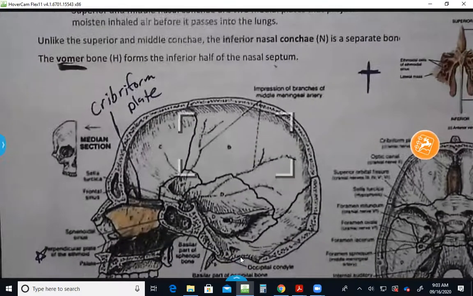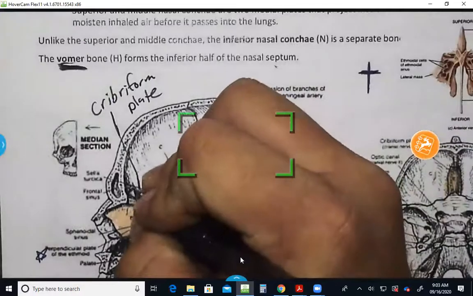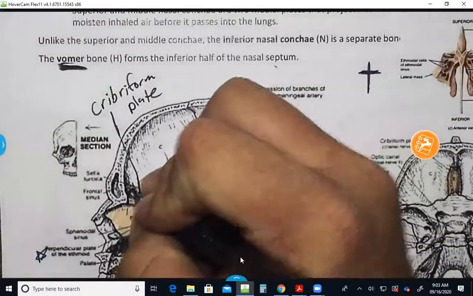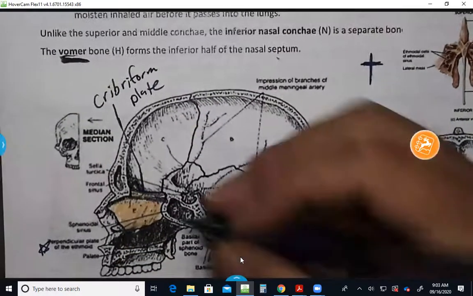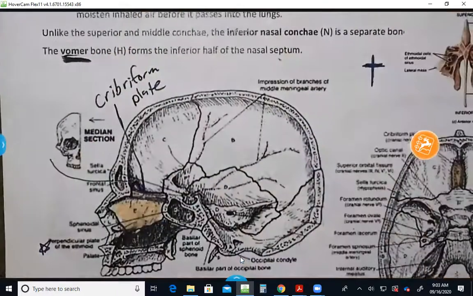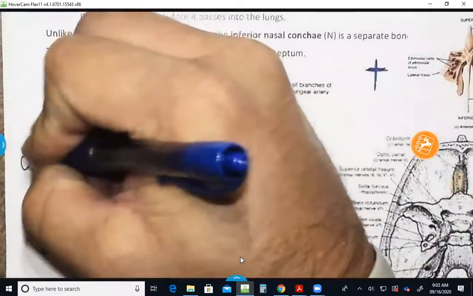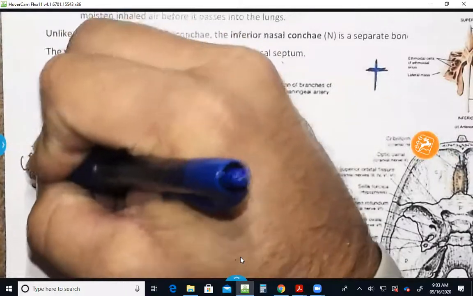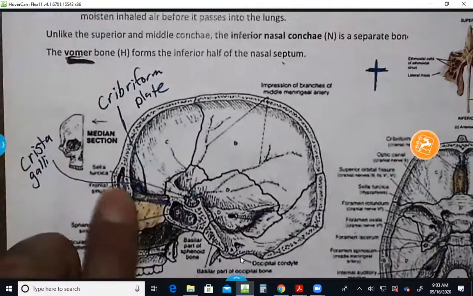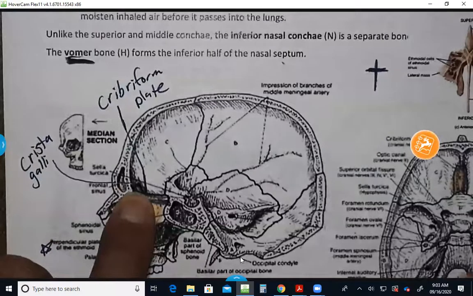Now, extending off of it is a little point, which to me always looks kind of like a rhinoceros horn, what we call the crista galli. It's this little triangular shaped region.